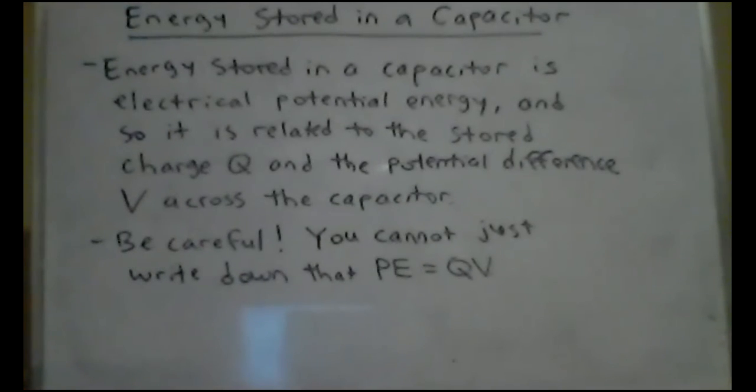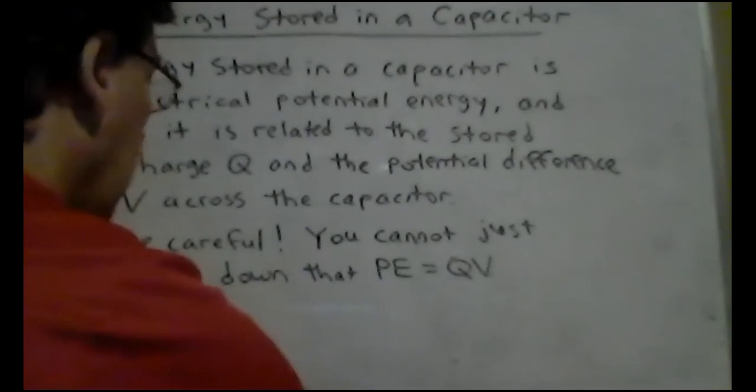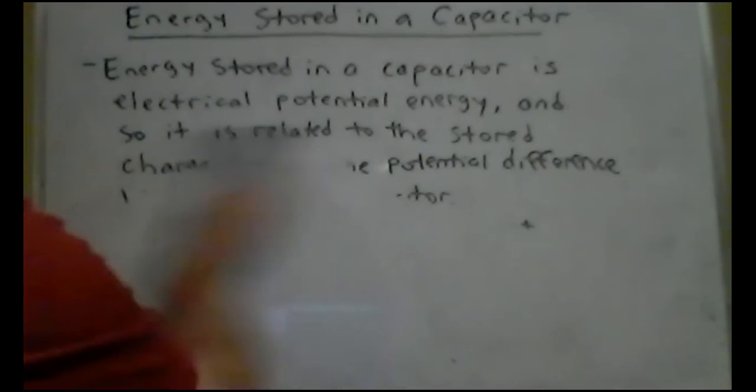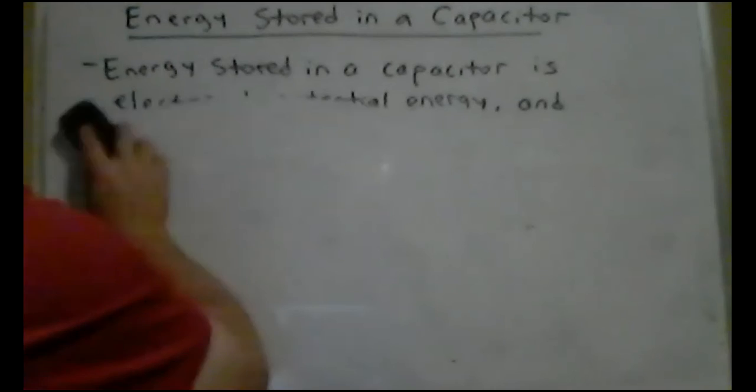You might say, oh, well, there's a charge Q and a potential difference V. It's Q times V. Well, it's not. And we have to be careful not to say that. So why is it not Q times V? Well, let's look at the process. So again, initially, there's no connected battery.